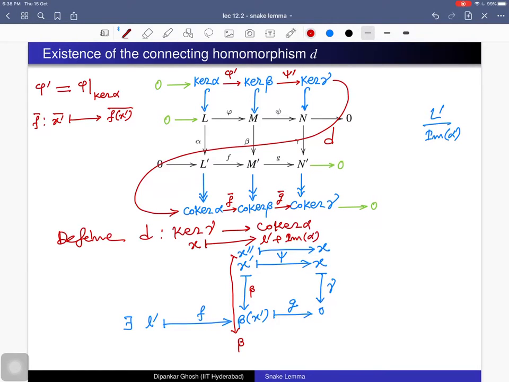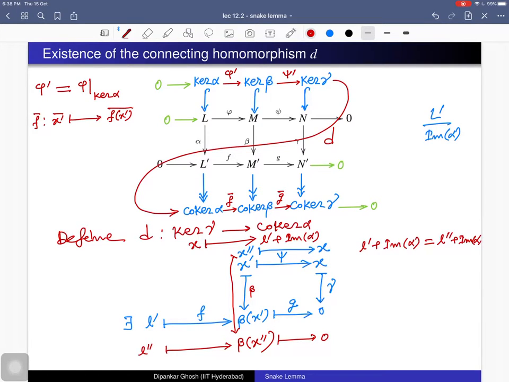So, this map is beta. So, we have beta x double prime, and again this beta x double prime is going to 0. So, there should be some element L double prime here. So, we should verify whether L prime plus image of alpha, the equivalence class of L prime, is the same as L double prime plus image of alpha.